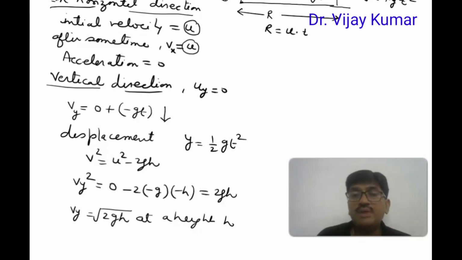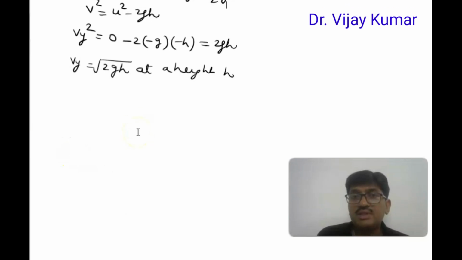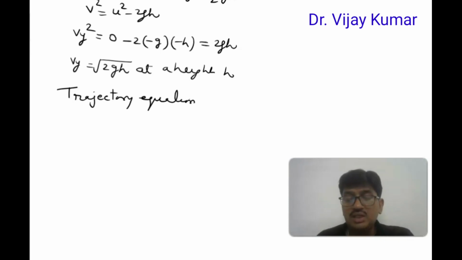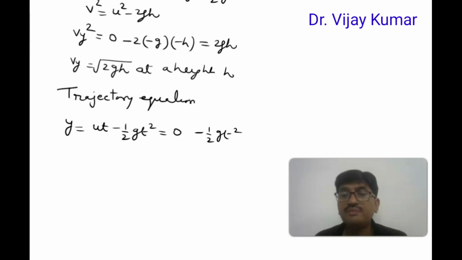If we discuss the trajectory equation, in the previous case we have also found the trajectory equation. In this case we again determine the trajectory equation. We know that y is equal to ut minus half gt square, 0 minus half gt square.